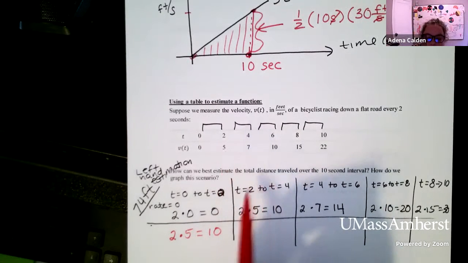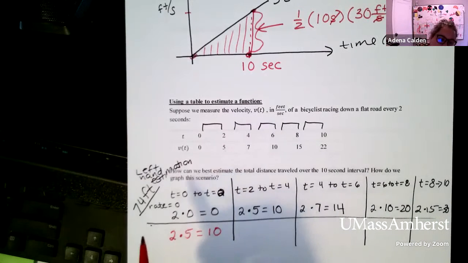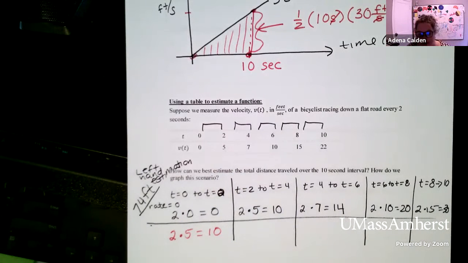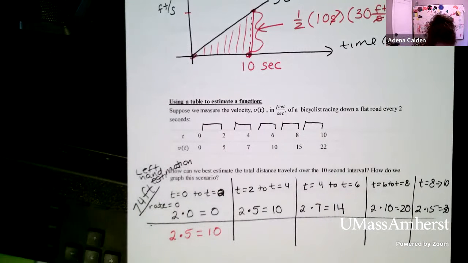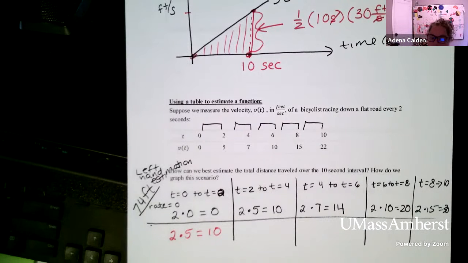So I want you to do that for each time interval, pick the rate on the right, and then add them all up and see what your right-hand approximation is going to be, okay? So I'm going to give you about a minute and a half to do those calculations, and you will find that we get something different, but we want to see in which direction and how different it is, okay?